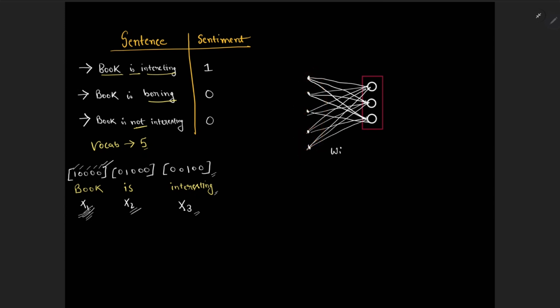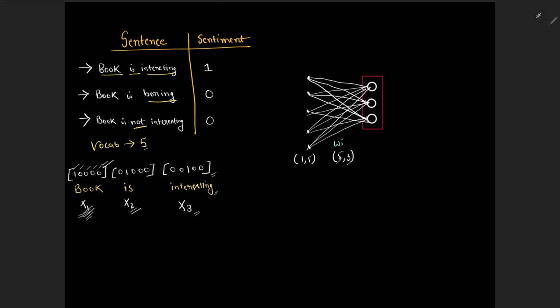So this is our input, which has the dimension 1, 5. Wi is our weighted input, which has the dimension 5, 3: 5 features, 3 neurons.